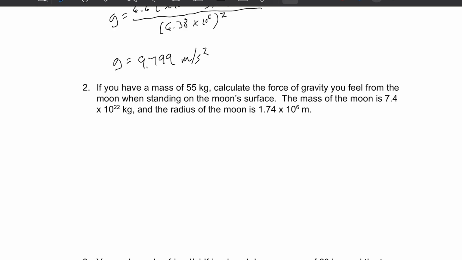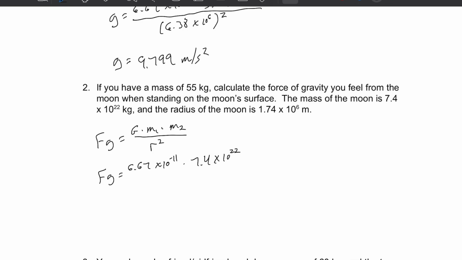The next question asks us to solve for the force of gravity. The force of gravity is G times m1 times m2 divided by radius squared. G, of course, is still 6.67 times 10 to the minus 11. It's on the formula chart, so you don't have to memorize it, but once you write it a few times, it'll come easier and easier to you. We're going to put the larger mass as m1.